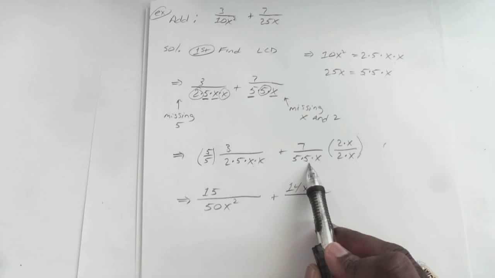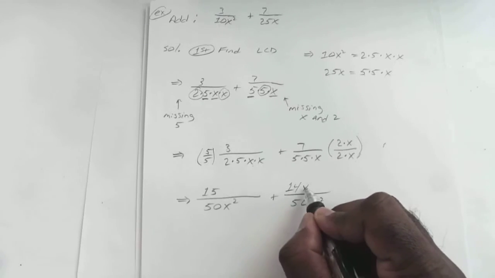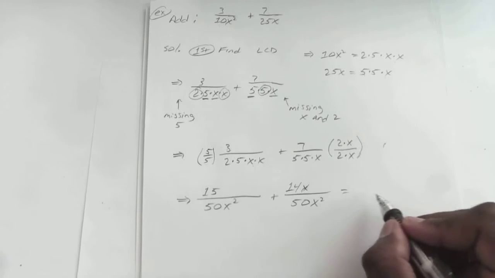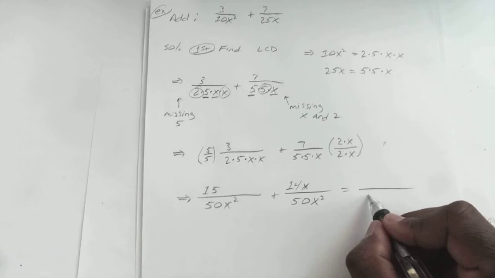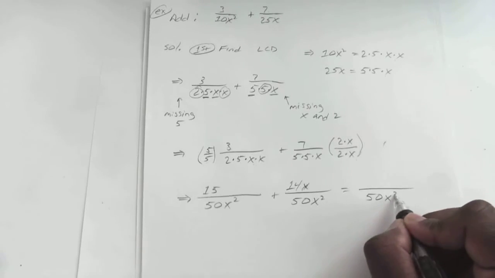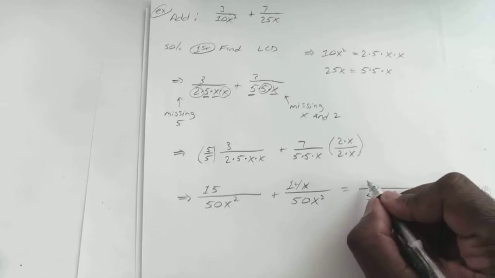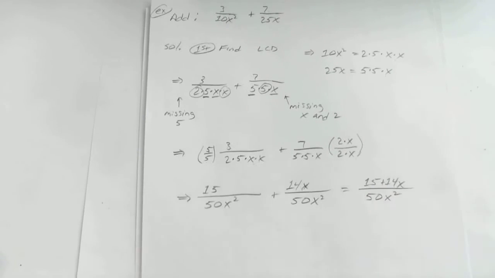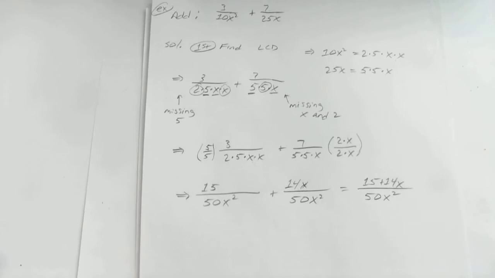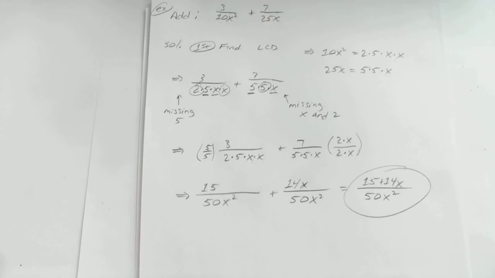Over 2 times 5 is 10, it's 50, so you have 50x squared again. Okay, so you know something over 50x squared and something over 50x squared will give you an answer over 50x squared. And here you have 15 plus 14x. And you can't combine or factor anything out, so that would actually be your final answer.